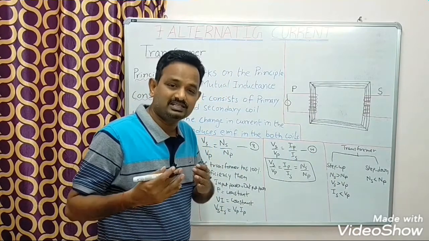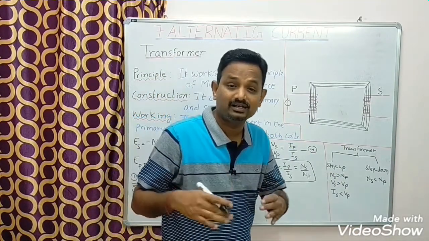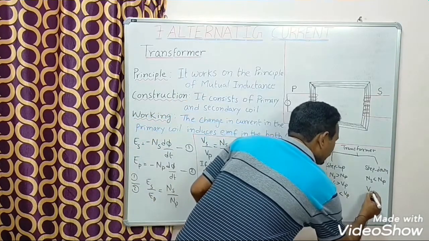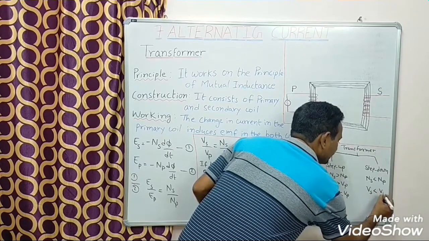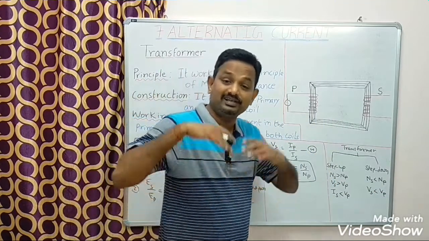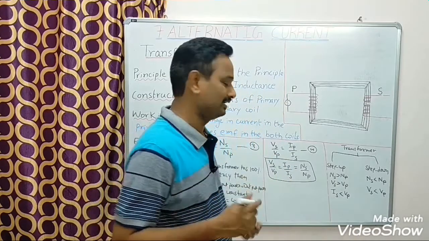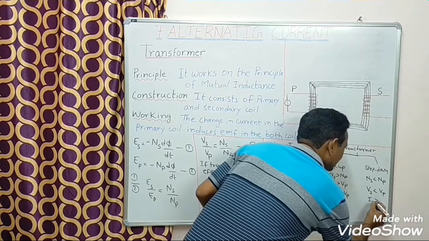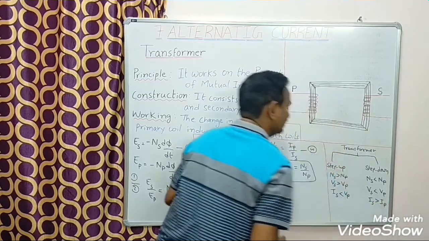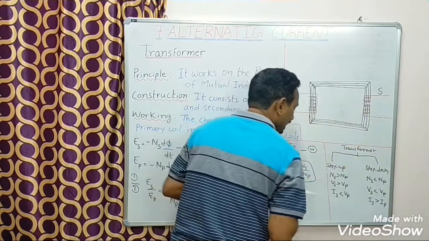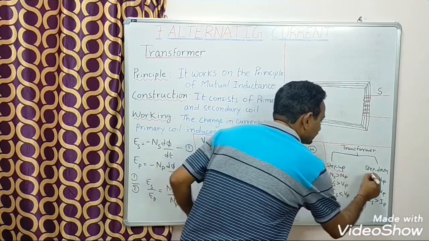And voltage in secondary coil is less than voltage in primary coil. And current in secondary coil is greater than current in primary coil. So these are the conditions for step up and step down transformer.